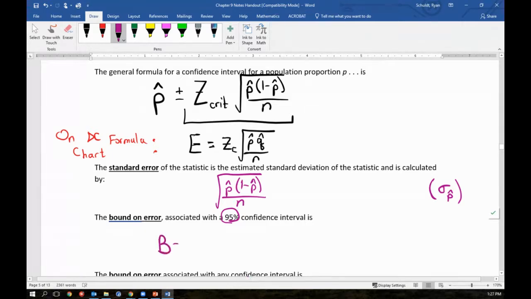So our bound would be 1.96 times the square root of p hat times 1 minus p hat over n. That's our bound on the error.